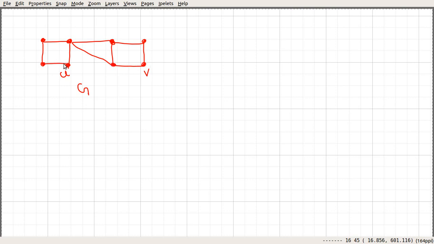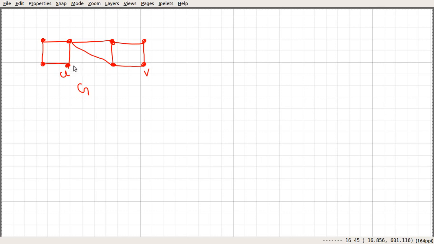And again, you can see another walk from here to here, here to here, here to here, here to here, here to here, and here to here. The length of that walk would be 1, 2, 3, 4, 5, 6. So we can see many different walks from U to V, and each of those paths has a different length.